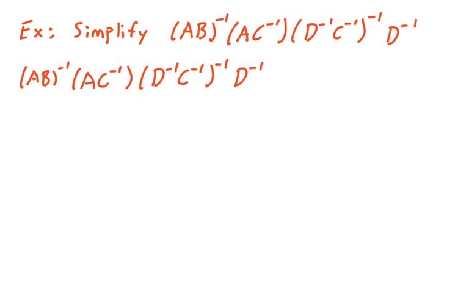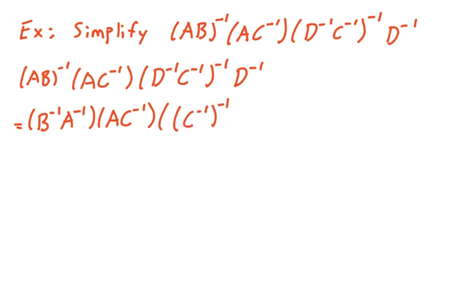Now, if I apply the properties, right, this is B inverse A inverse times AC inverse times. Now, I'm going to get C inverse inverse times D inverse inverse. Or another way you could say it is the inverse of C inverse times the inverse of D inverse.